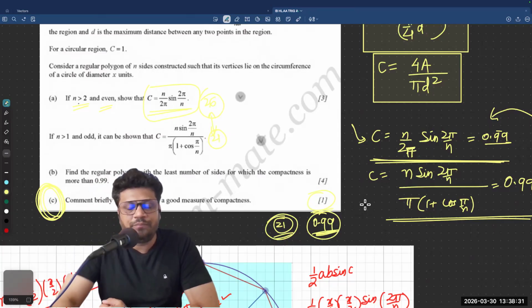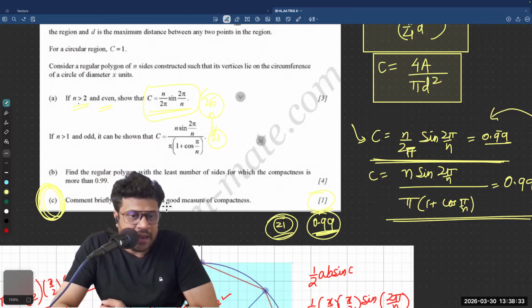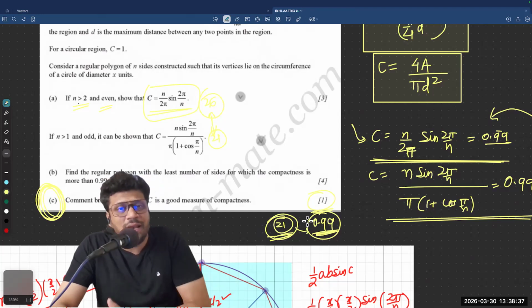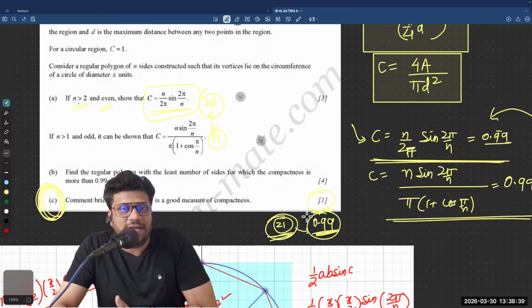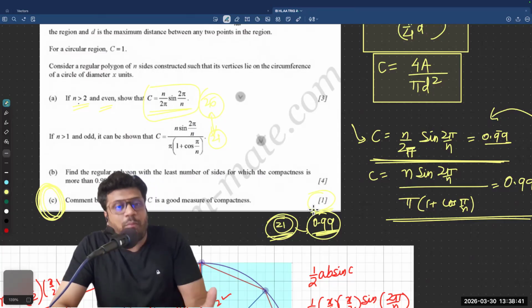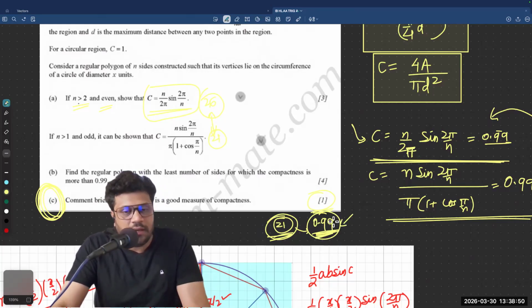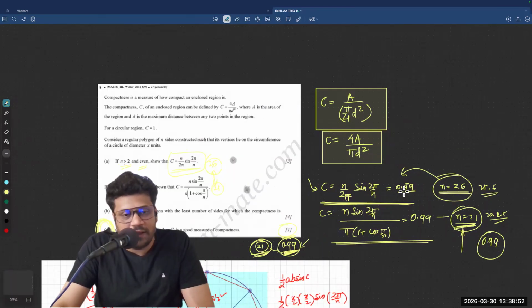That is how you want to say this. I'll say it again. For sides more than 21, the compactness is almost a 1. It'll be hard to differentiate the compactness between the polygons with more than 21 sides if it has already reached a value of 0.99. So that is how you want to defend your answer here.